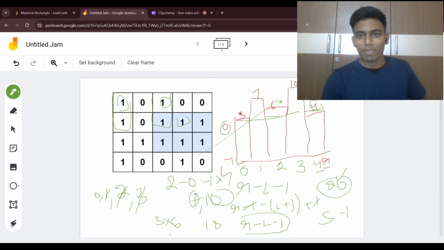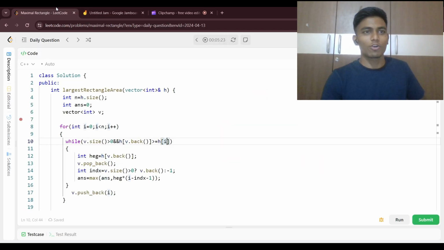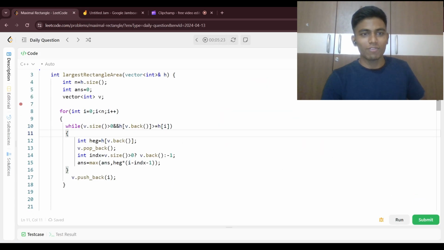That means this height cannot be part of other bars. So that's why we are going to remove this particular height. Whenever we are removing this particular back, we are going to consider the particular height with the previous index as v dot back.